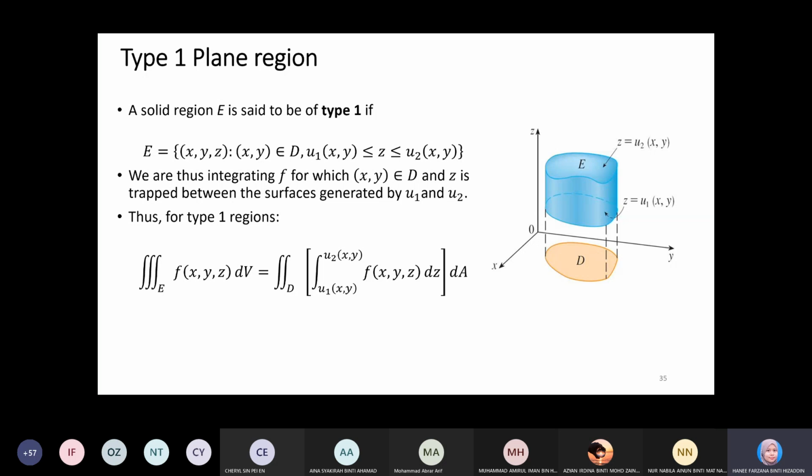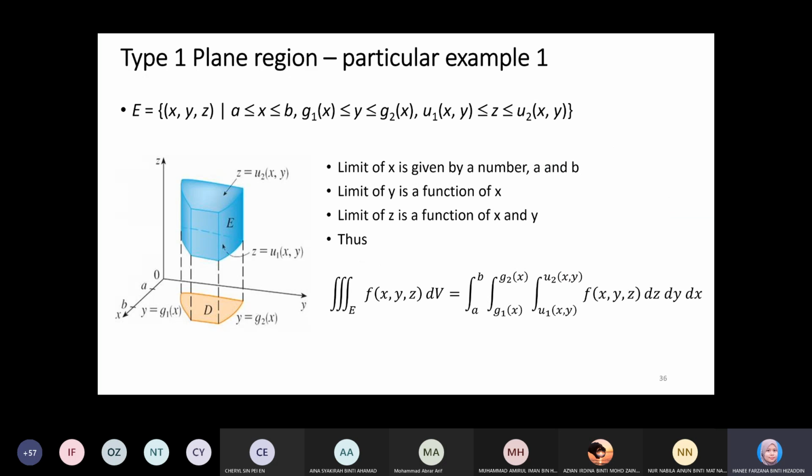And in this case, the limit from z1 until z2, i.e. the lower and upper limit of Z, is defined as a function of X and Y. Yeah, so this is type 1 region.